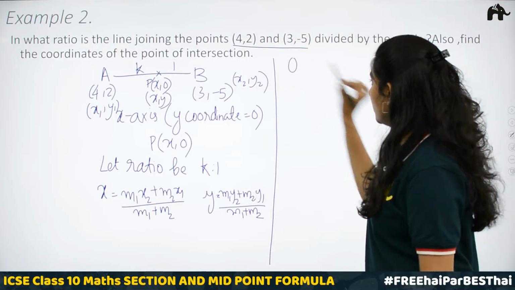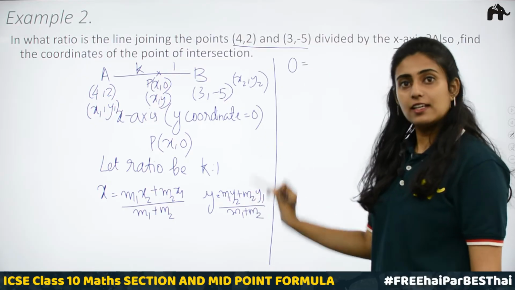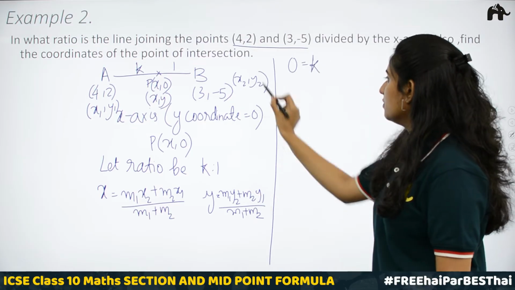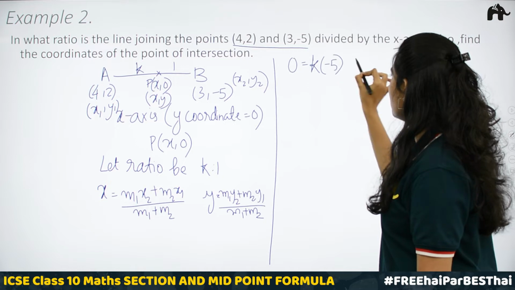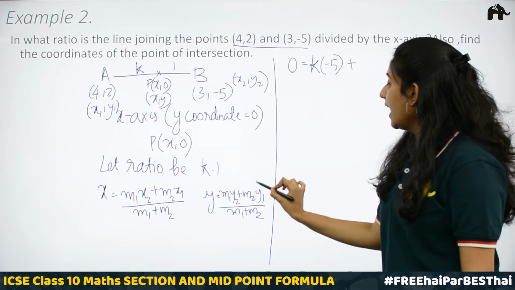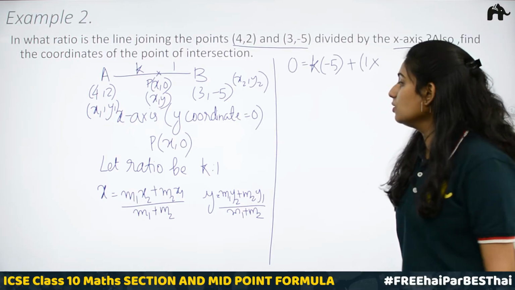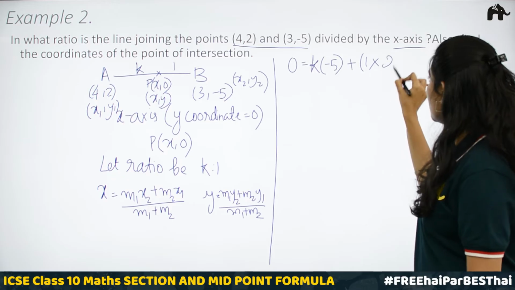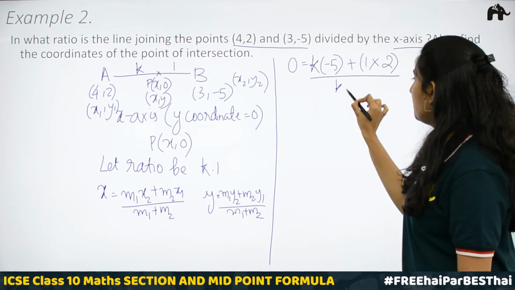Y is equal to 0 is equal to m1. What is m1 here? K. K into y2, y2 value is minus 5, into minus 5 plus m2 y1. Here m2 is equal to 1 into y1, y1 is equal to 2, divided by m1 plus m2, k plus 1.